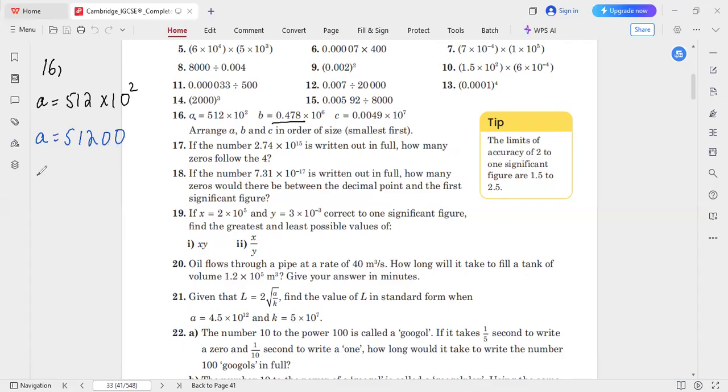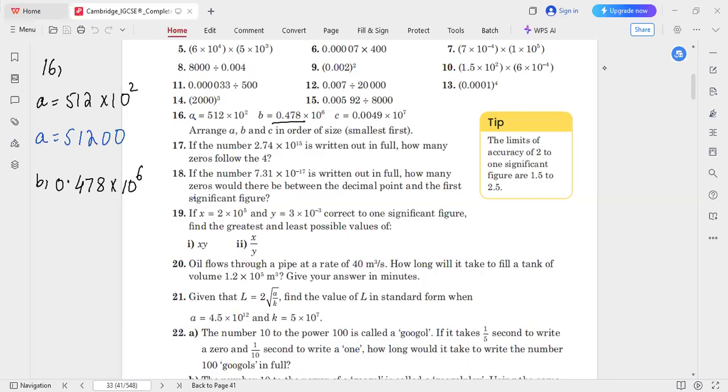Next, for B, they have given us 0.478 times 10 raised to the power 6. As the number starts from 0 point something, this shows that it is a really small number, and we have 10 raised to the power 6. So in full form, this number will be 478000.